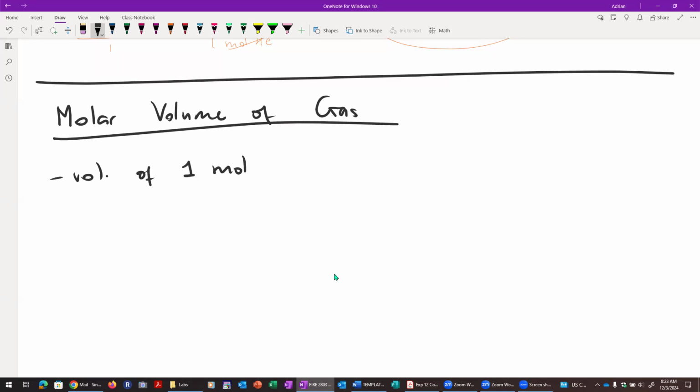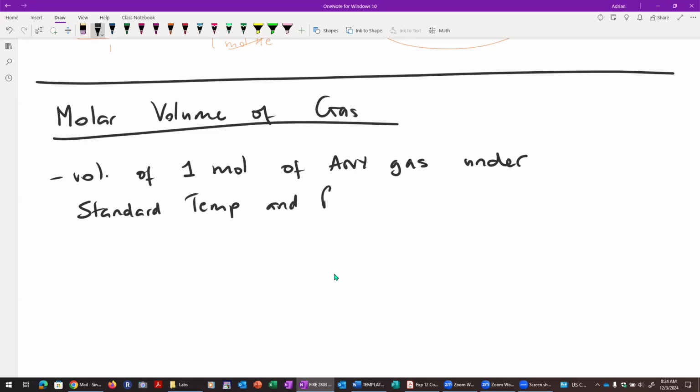And according to this concept, the volume of 1 mole of any gas, it doesn't matter what that gas is, it could be helium, carbon dioxide, doesn't matter. So the volume of 1 mole of any gas under what's known as standard temperature and pressure conditions, which we abbreviate as STP, will always occupy the same volume.